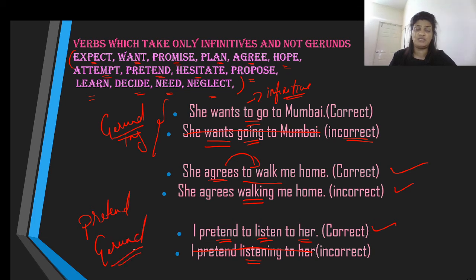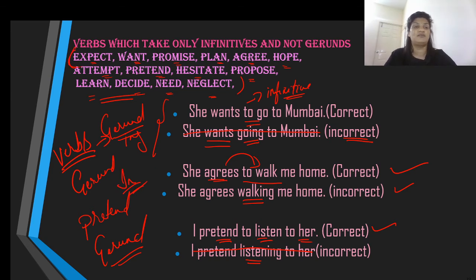So you need to be aware of these verbs to make sure that you do not use gerund and you only use infinitives. All right? Remember, these verbs take only infinitives and not gerund at all. Only infinitive.